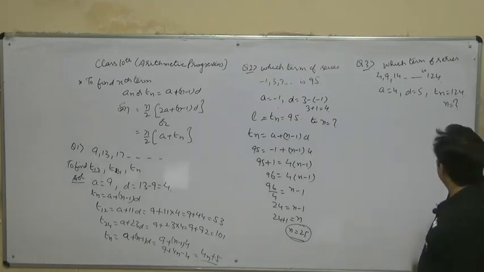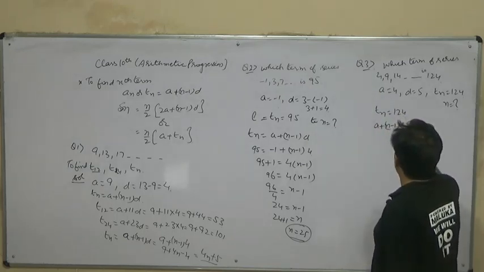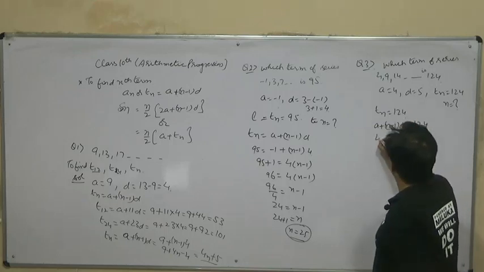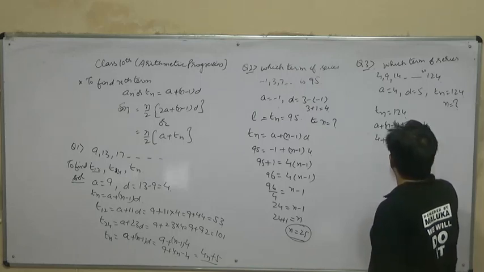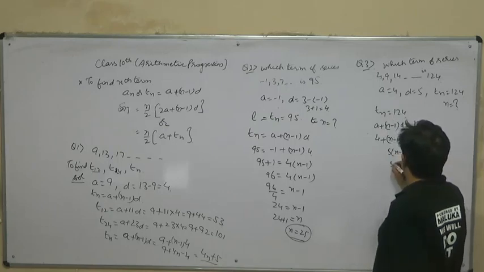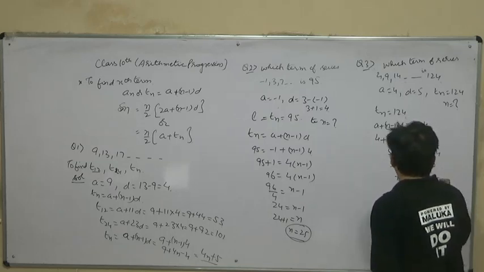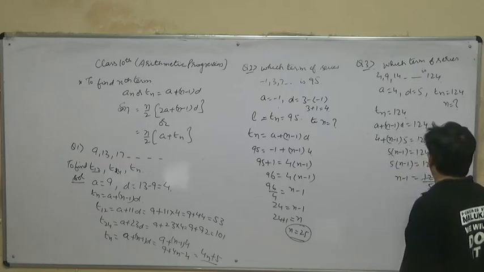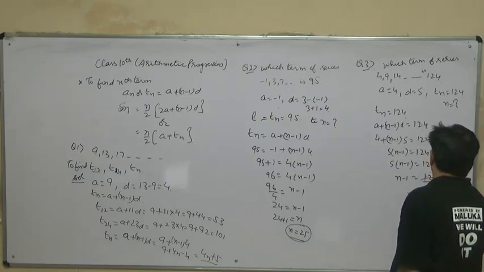We have to find n. So Tn is equal to 124. Tn is given by a plus n minus 1 into d. This is 124. The value of a is 4, n minus 1 into d, d is 5, 124. So 5 into n minus 1 is equal to 124 minus 4. So 5 into n minus 1 is equal to 120. So n minus 1 is equal to 120 upon 5. This cancels out. 5 2s are 10, 5 4s are 20. So n minus 1 is equal to 24, n is equal to 25.